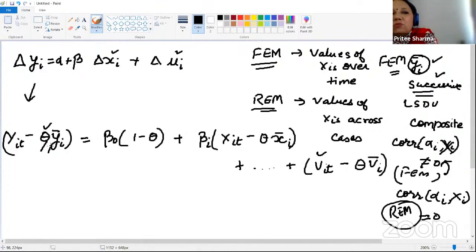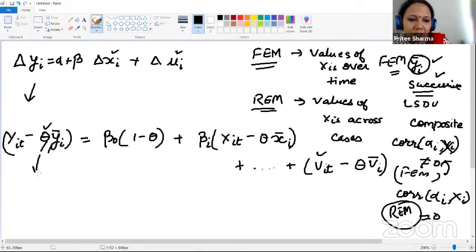Because now we are introducing the time component even to the error term, which is the composite error term, where we have also included the component of alpha. All right. Another thing that we want to talk about here is how do we estimate the value of theta.